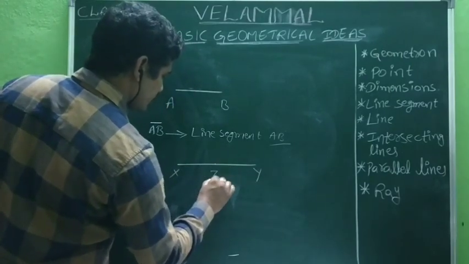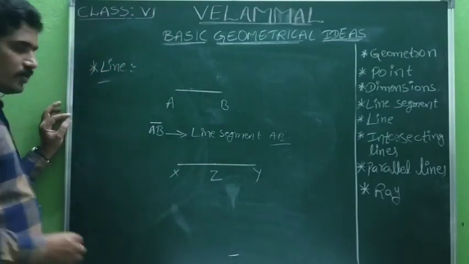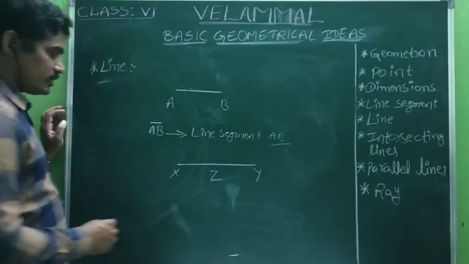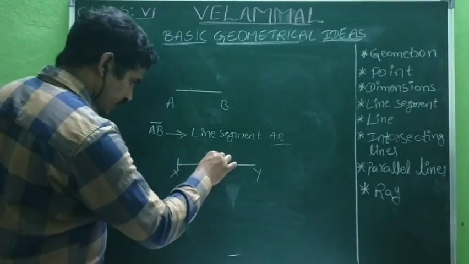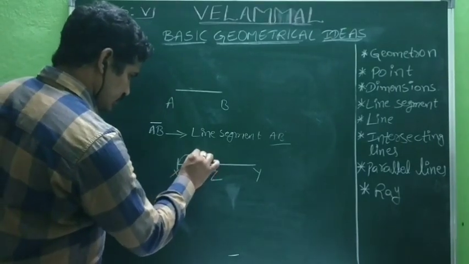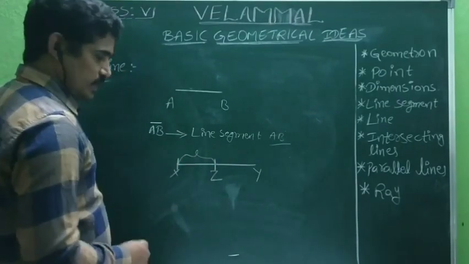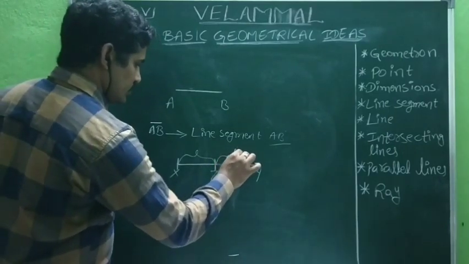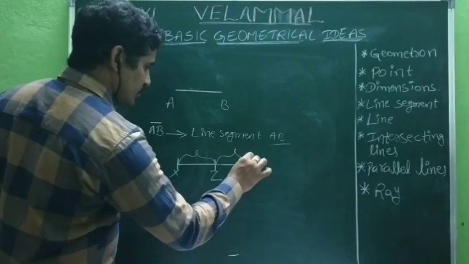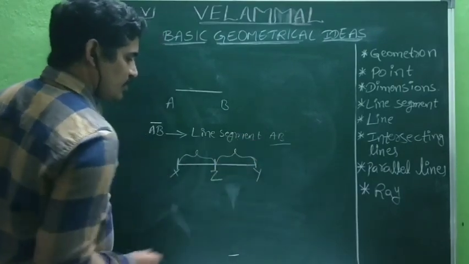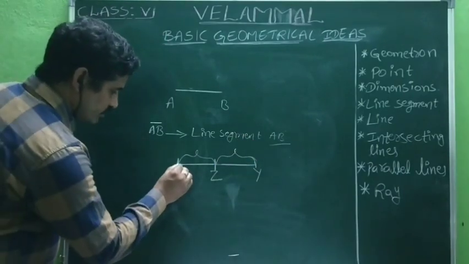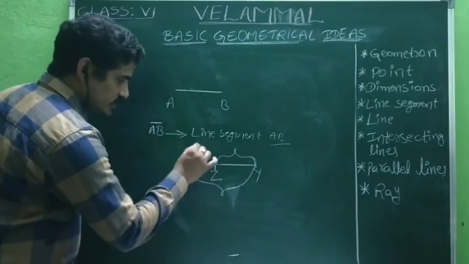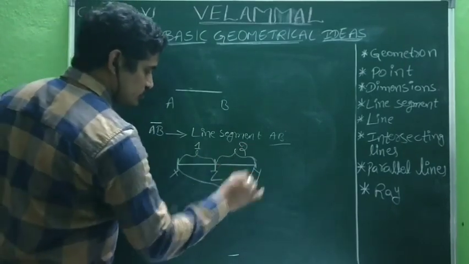Same way, take X, Y. On this I am now taking one more point, Z. Now if we observe, there will be three line segments. In between X and Z we can identify one line segment, in between Z and Y we can identify one line segment, and in between X and Y also we can identify one segment. 1, 2, 3.